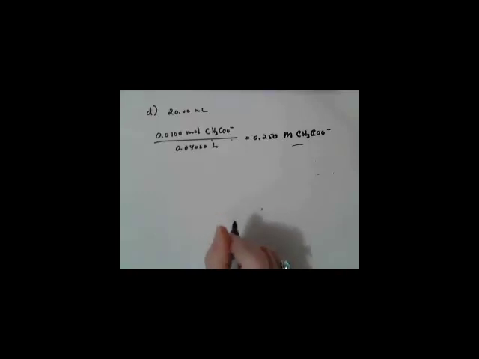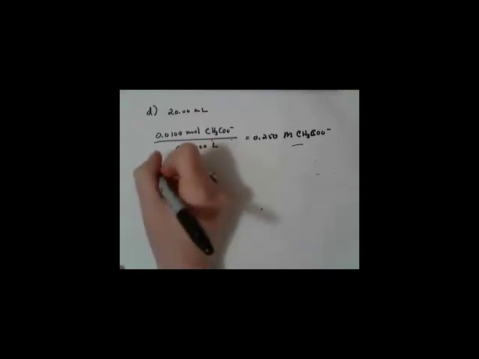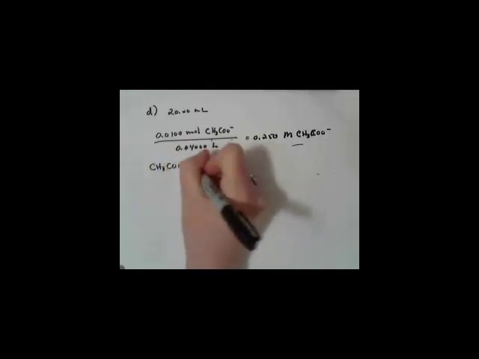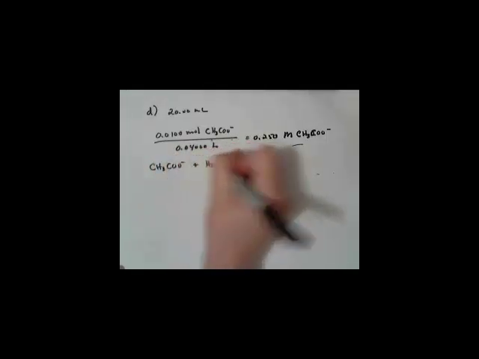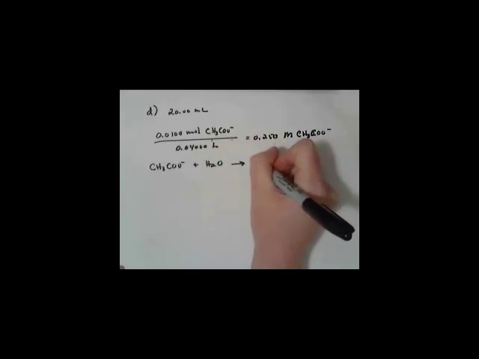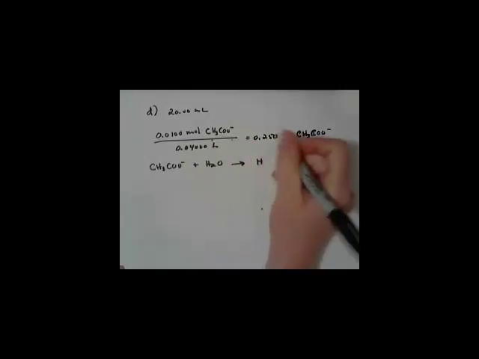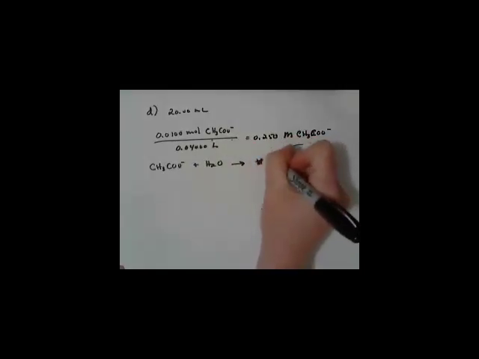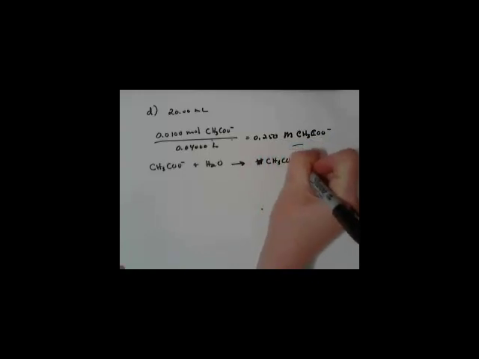So now at this point we have Kb. Let me go ahead and write the reaction here. So what we have is acetate ion in water, and that's going to produce acetic acid plus hydroxide ion.